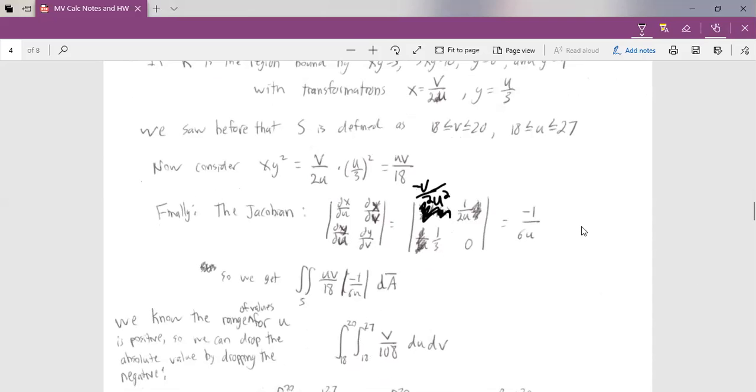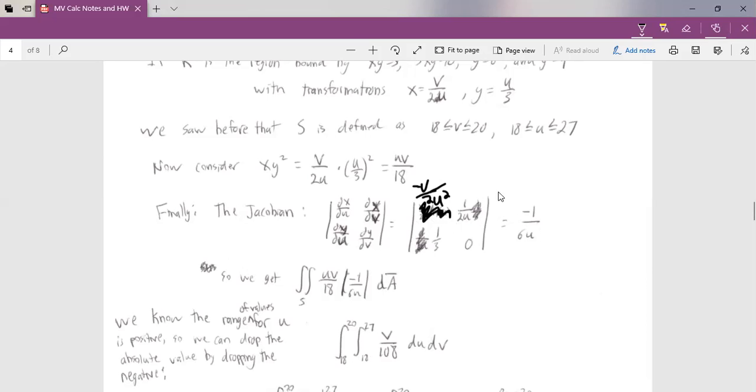Dx du is just going to be negative v over 2u squared. Dx dv is obviously just going to be 1 over 2u. Dy du is going to be 1 over 3, and dy dv is going to be 0. So here, negative v over 2u squared times 0 is 0.